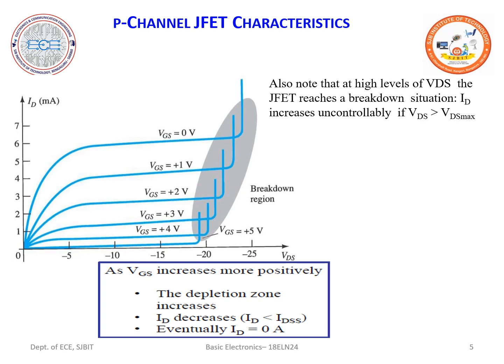At high levels of VDS, the JFET reaches a breakdown situation. ID increases uncontrollably if VDS is greater than VDS max.